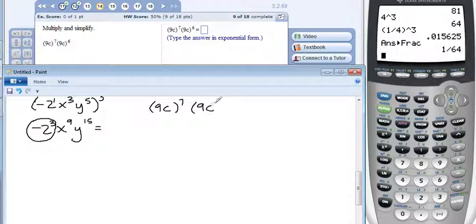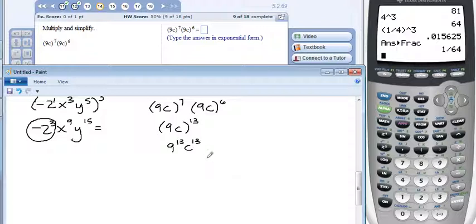So this 9c is raised to the 7th power, and this 9c is raised to the 6th power. So really, that would be the same as 9c raised to the 13th power, right? It would also work to say 9 to the 13th, c to the 13th.